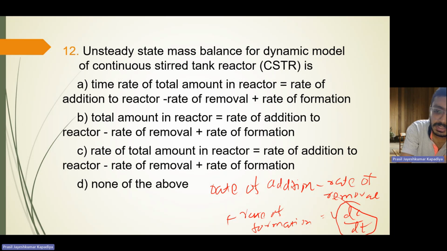So this should be equal to the dC by dt term. This option is saying total amount in the reactor, wrong. It should be some rate. So it is the time rate of total amount in the reactor. Our correct answer is A, time rate of total amount in the reactor.